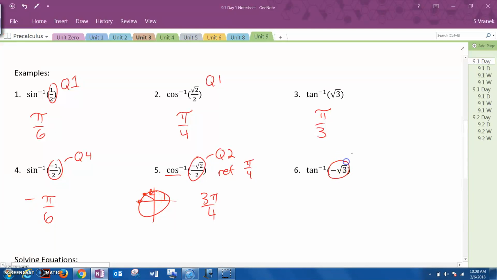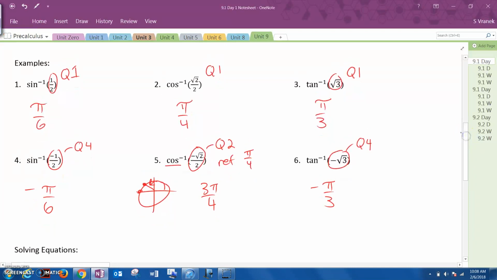And finally, this is in quadrant 4. That one was in quadrant 1 because it was positive. Quadrant 4, we're just going down the same amount we went up. So tangent inverse of negative root 3 will be negative pi over 3. Quadrants 4 and 1 are easy: you just slap a negative on the front of the quadrant 1 angle. But when you get cosine, you have to figure out what is going on there.